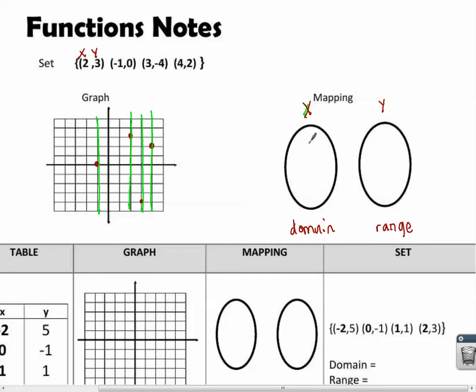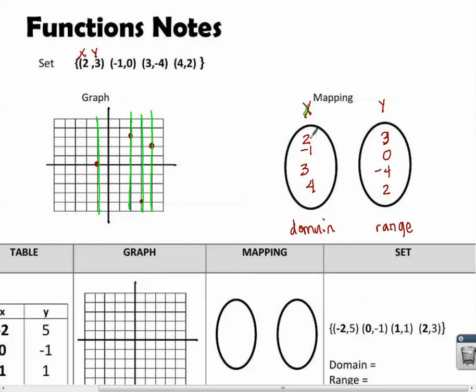So I have a 2, -1, 3, and a 4 for my x values, and 3, 0, -4, 2 for my y values. You want to map where each x value goes to the y value.